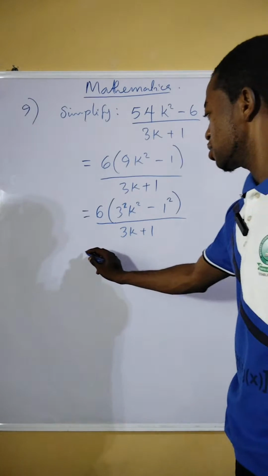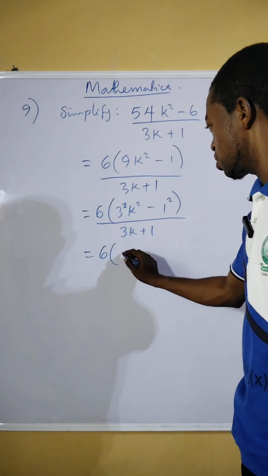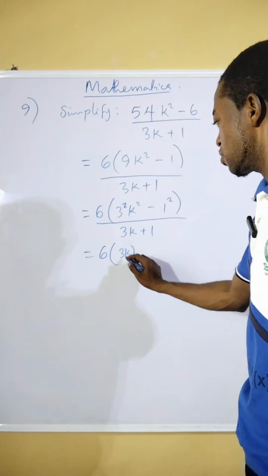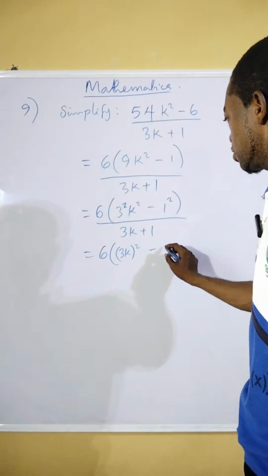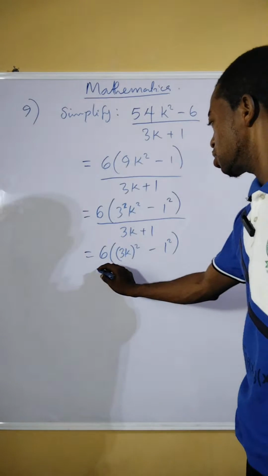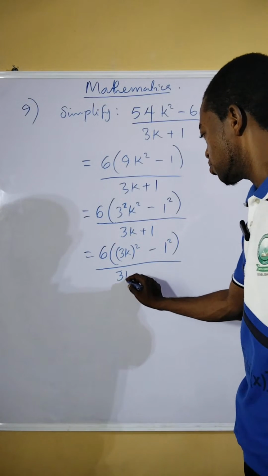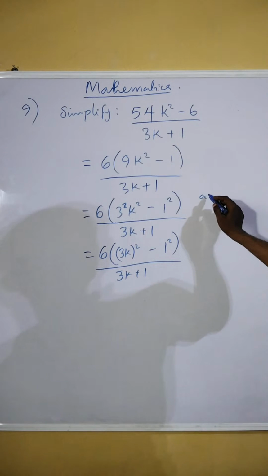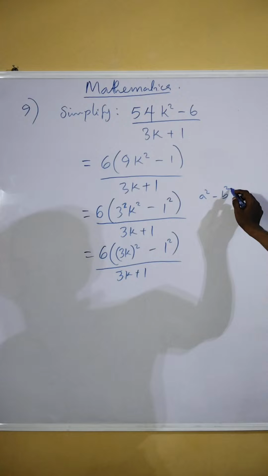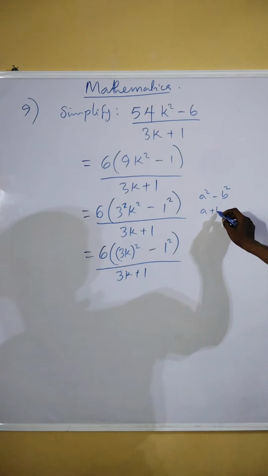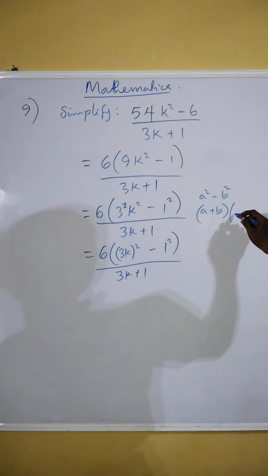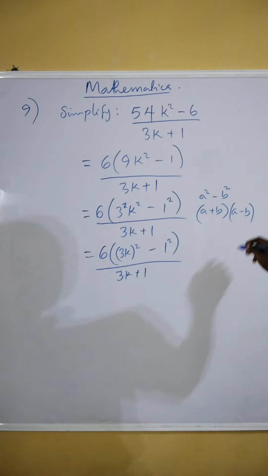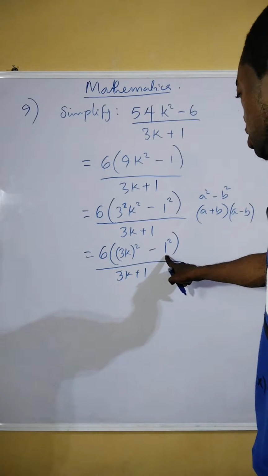Then next, we can write this as 6 into bracket 3k whole squared minus 1 squared, then over 3k plus 1. And here this follows the difference of two squares, just like when we have a squared minus b squared, which you can express as a plus b into bracket a minus b. So here a is 3k and b is 1.